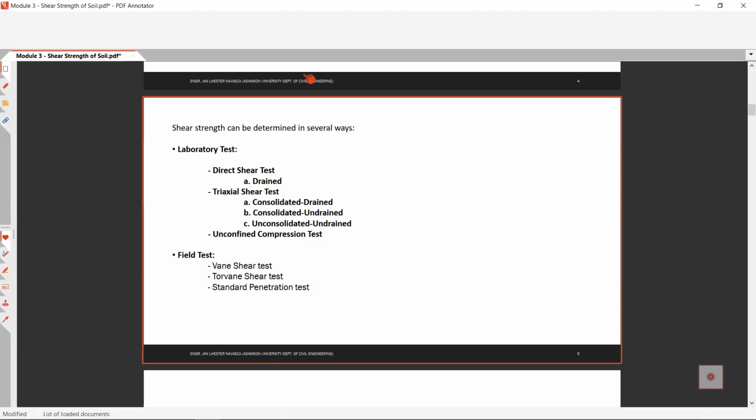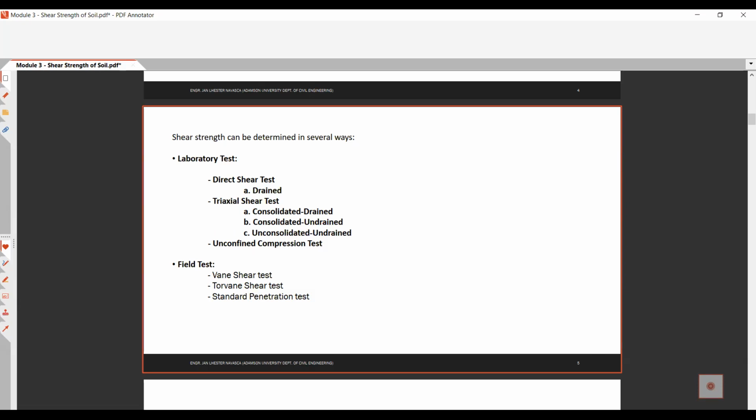Okay, so next meeting magkakaroon tayo ng different example problems. So try natin mag-solve for different example problems. Maybe 2 sessions siguro tayo for example problems in shear strength. Next meeting na lang, yung Monday.